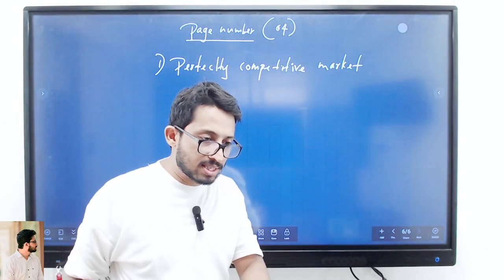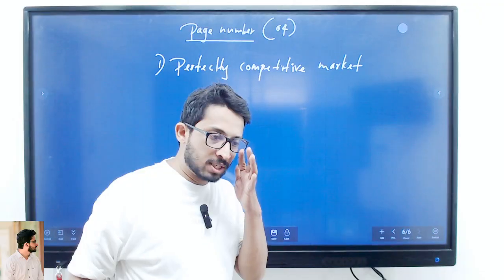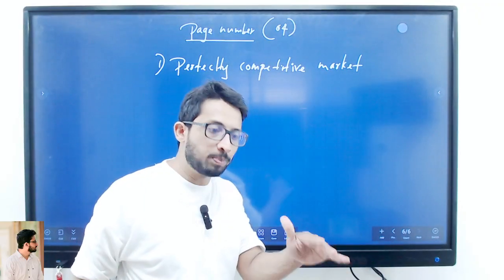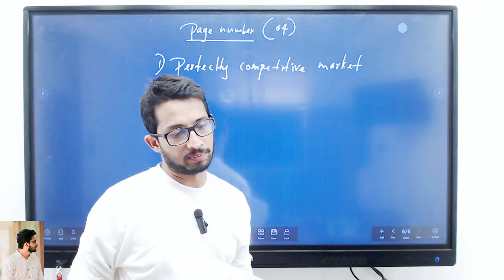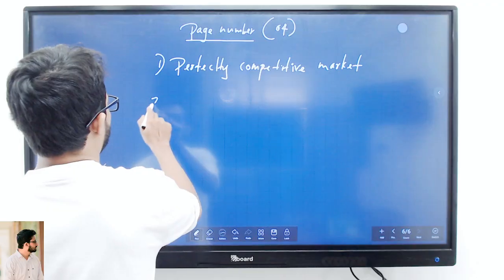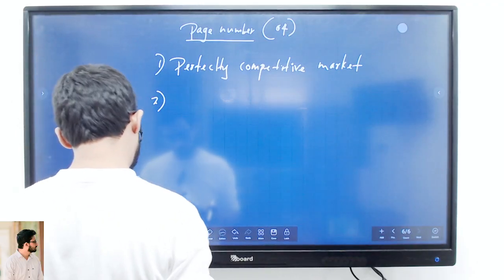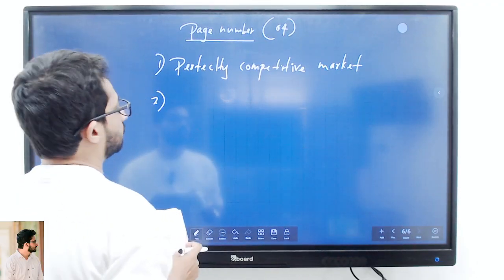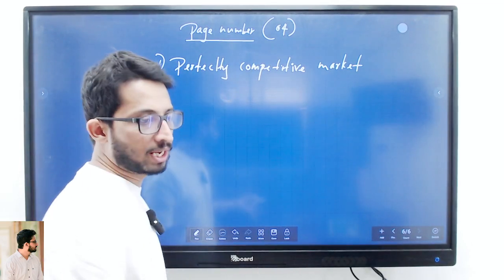Some markets can be classified into a separate category called perfectly competitive. This is called perfect competition as well.